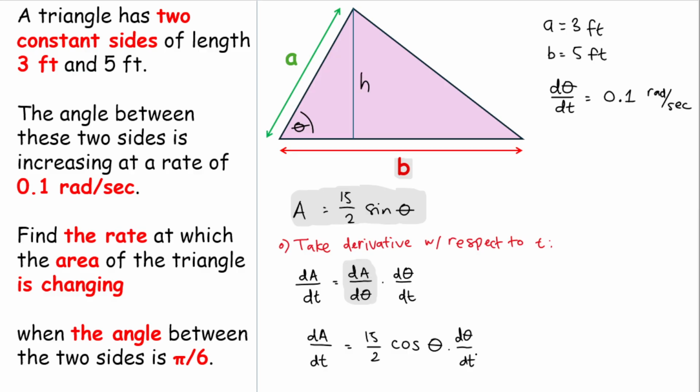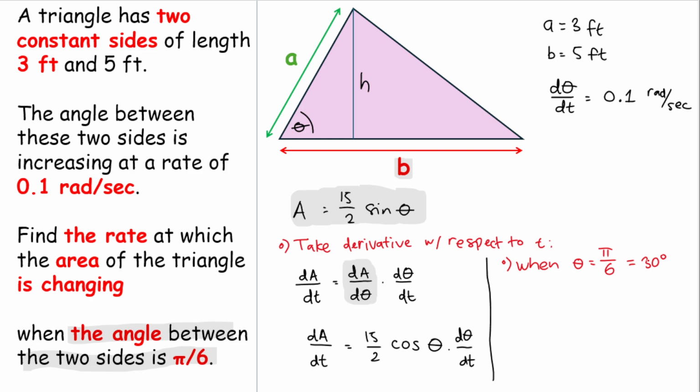Okay, now what is the question? The question is asking us when the angle between the two sides is pi/6. So that means that we need to plug in the values when theta is equal to pi/6. And this is in radians, remember? Or if you want to write it in degrees, this one is 30 degrees.